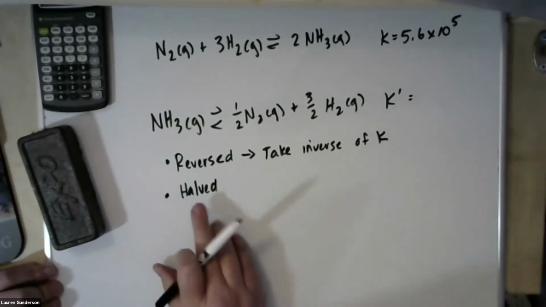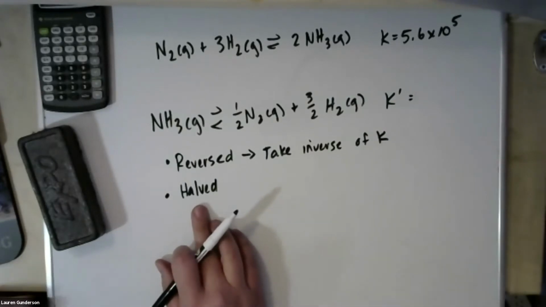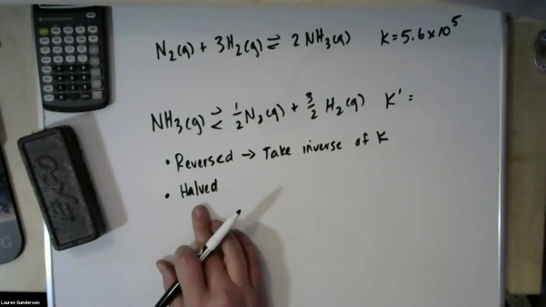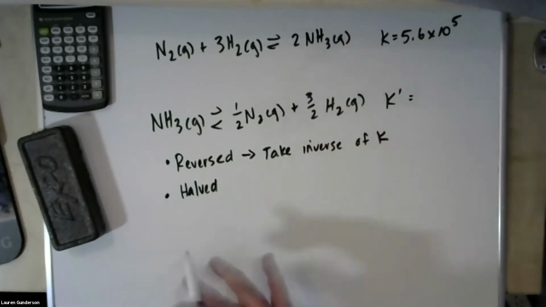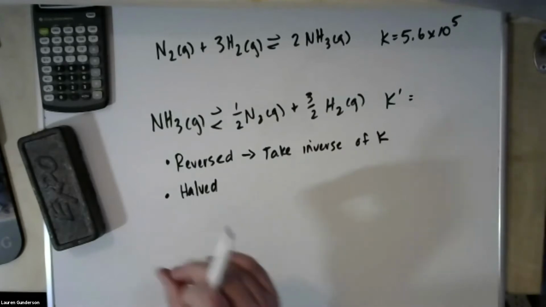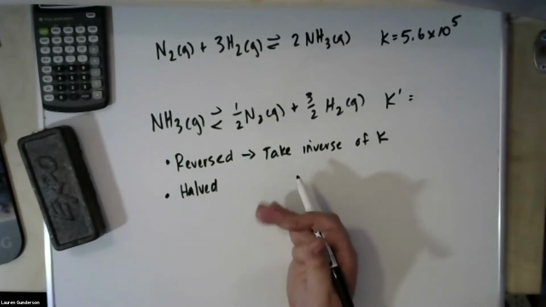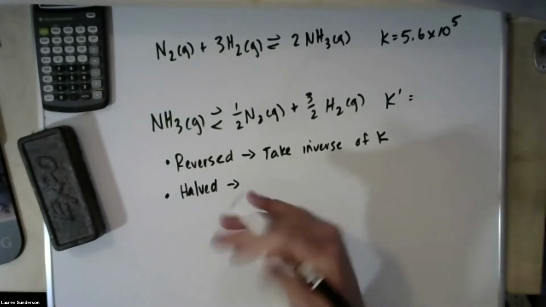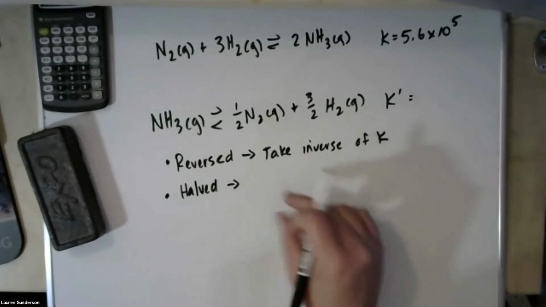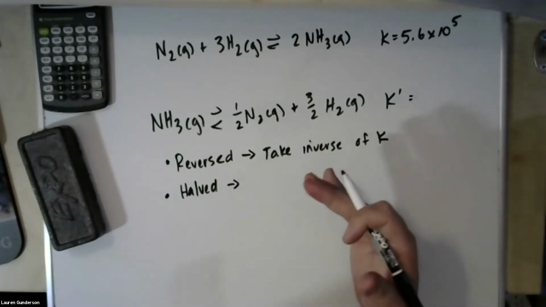Okay, when we multiply or divide a reaction, it's actually easier when we're working with K to think about the changes, whether they're multiplication or division, to represent them as a multiplier instead of something that's divided. Okay, and that's because you want to use that multiplier as a coefficient and raise K to that.